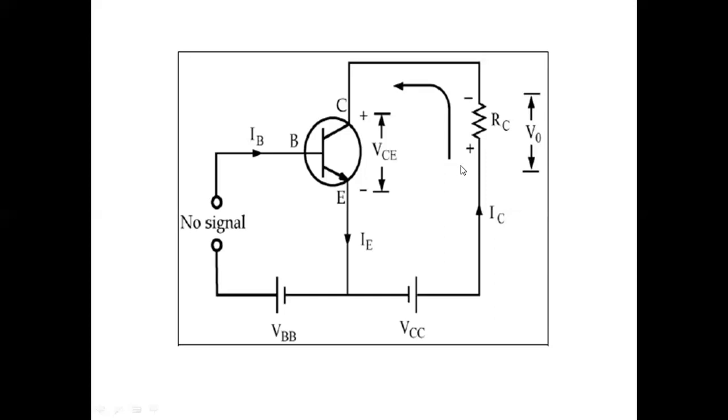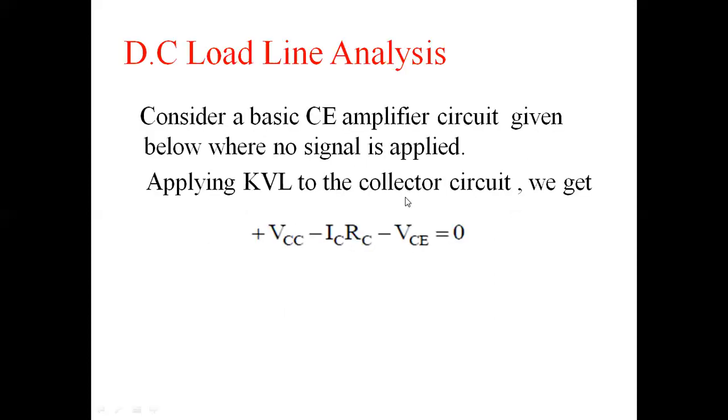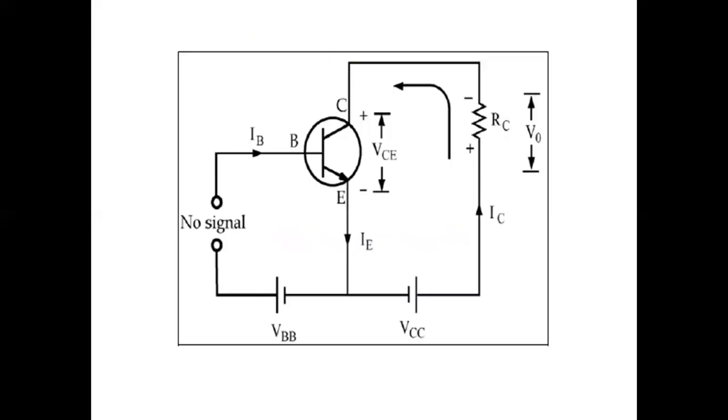Applying KVL in the collector circuit, we get VCC minus IC into RC minus VCE equals zero. Rearranging the terms, we get VCE equals VCC minus IC into RC. Yes, this equation is what we are going to use in this DC load line analysis.